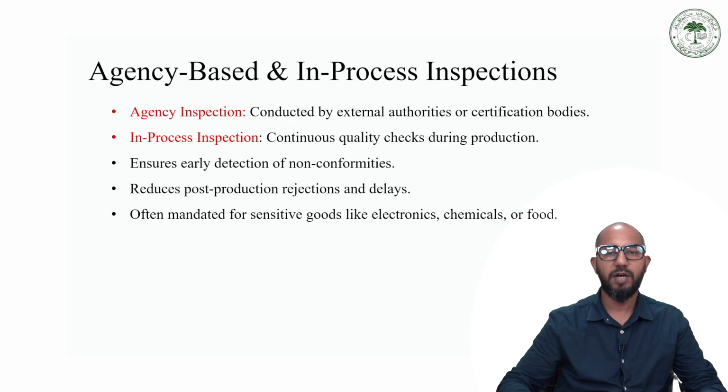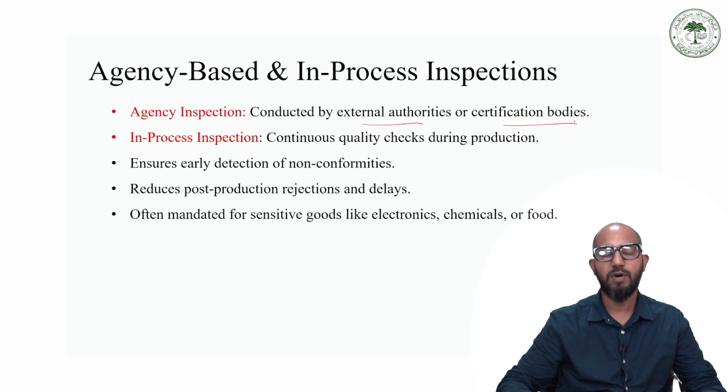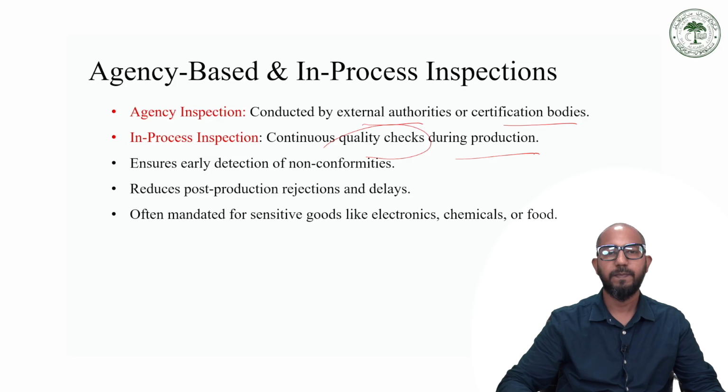Let us now try to focus on agency-based and in-process inspection. The agency-based inspections are conducted by external authorities or certification bodies. In addition to this, there are in-process inspections that include continuous quality checks during production.